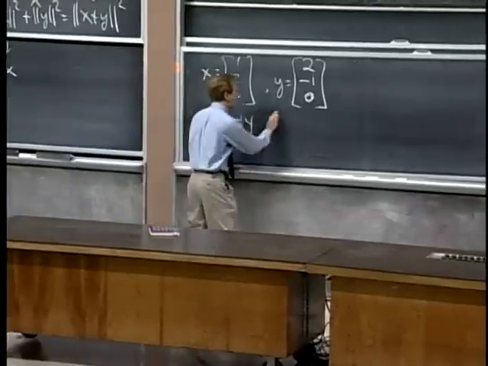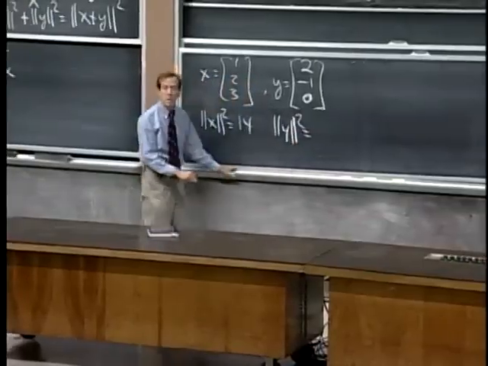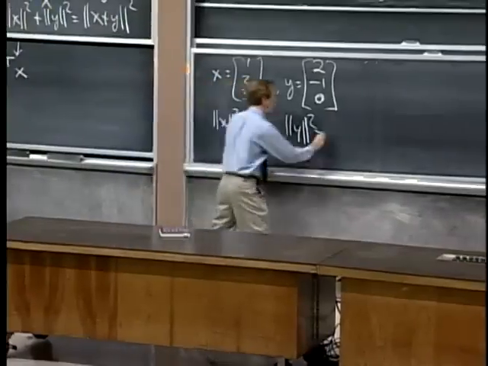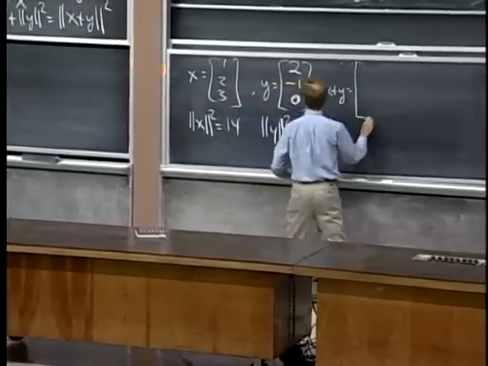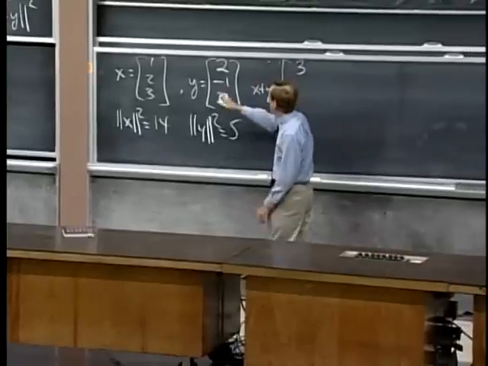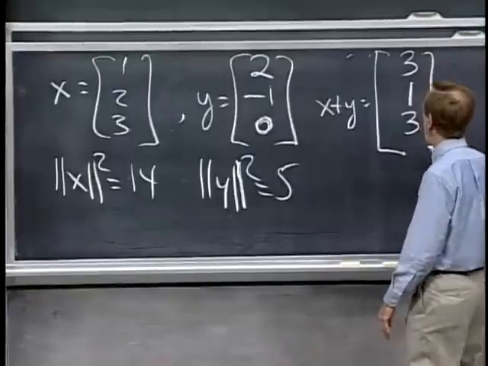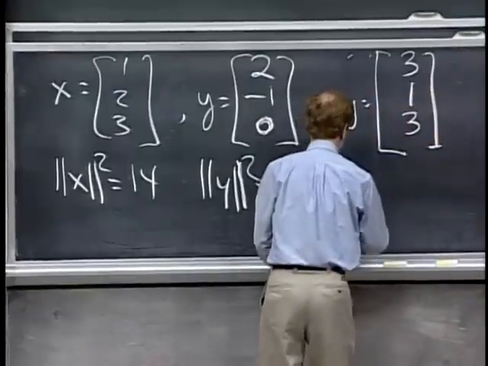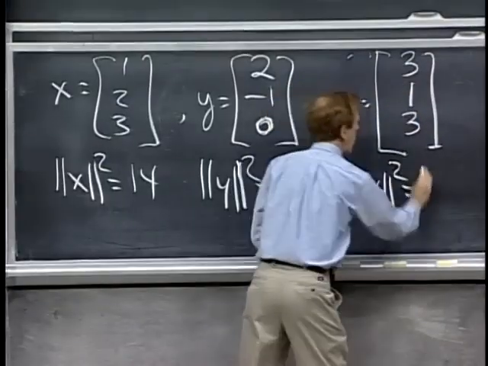The length of y squared is 5. And x plus y is 1 and 2 making 3, 2 and minus 1 making 1, 3 and 0 making 3. And the length of this squared is 9 plus 1 plus 9, 19.